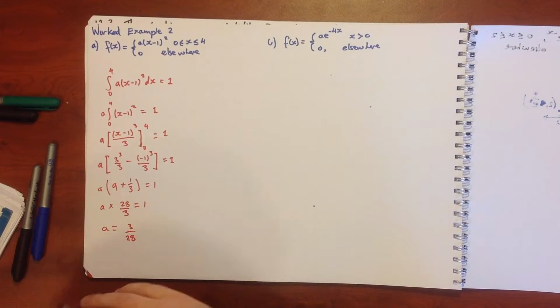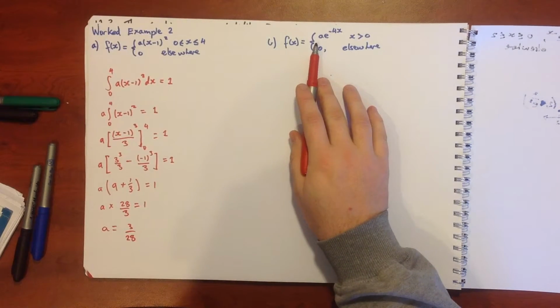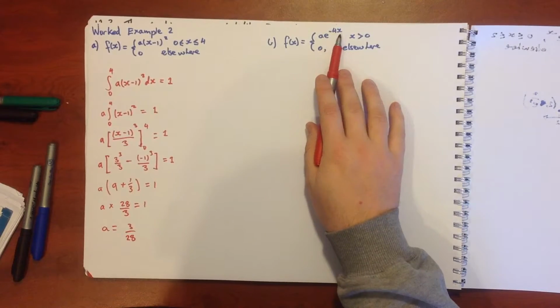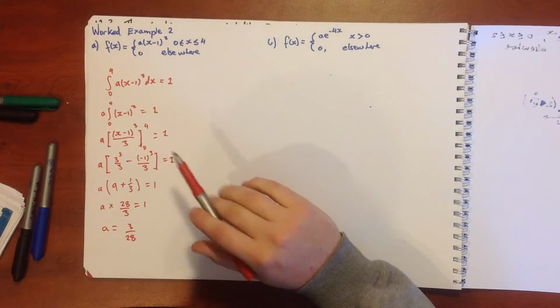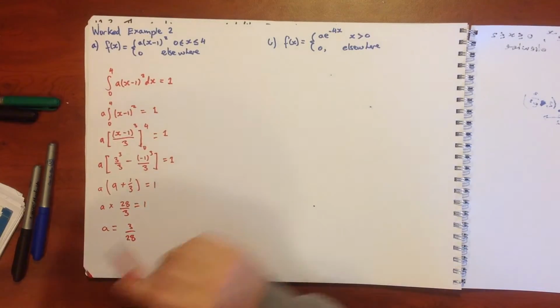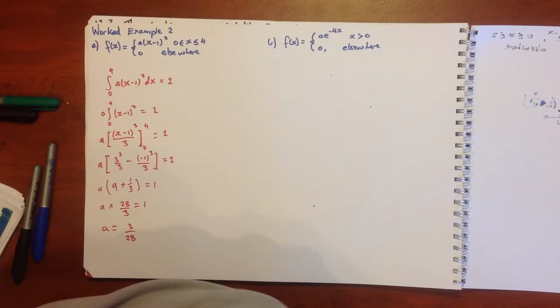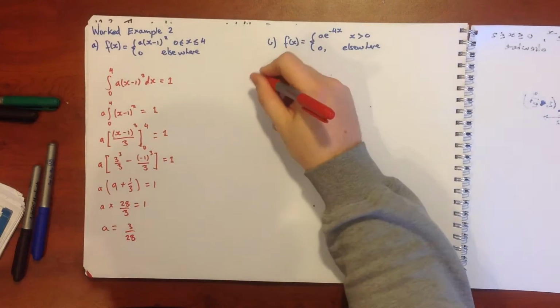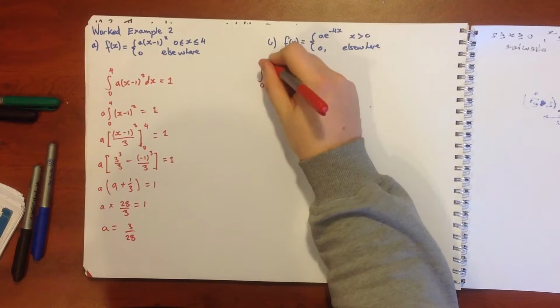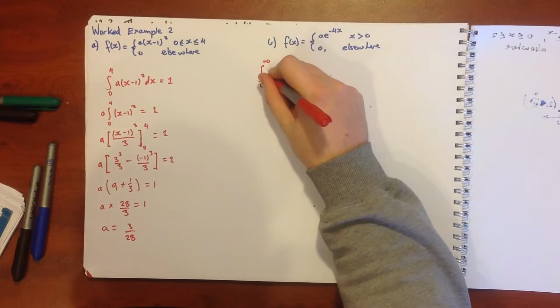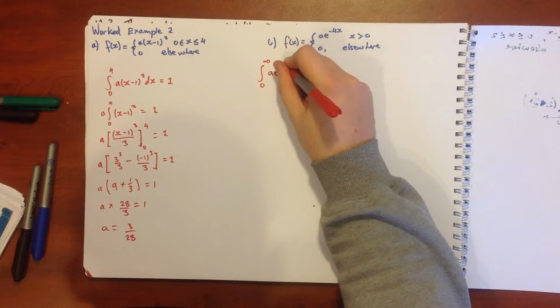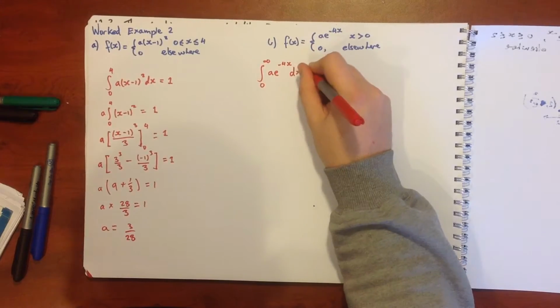For this one, we've got f of x equal to a e to the negative 4x for x greater than 0, and it'll be 0 elsewhere. What we need to do for this one is integrate from 0 to infinity of a e to the negative 4x dx and set it equal to 1.